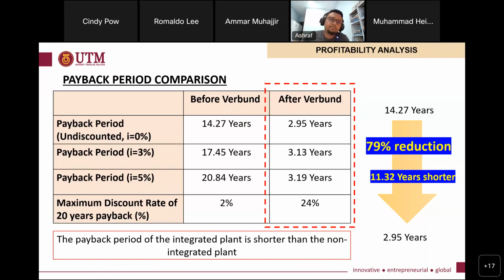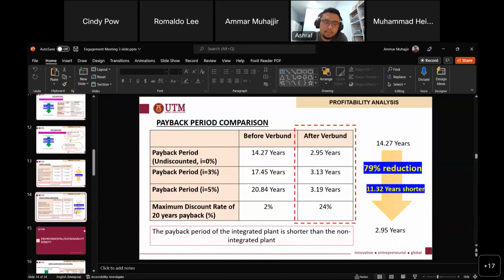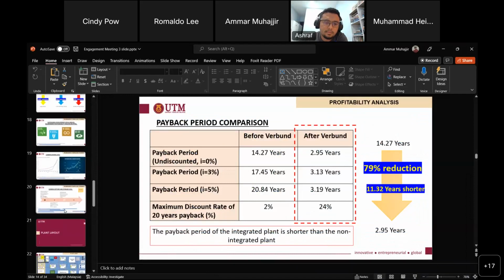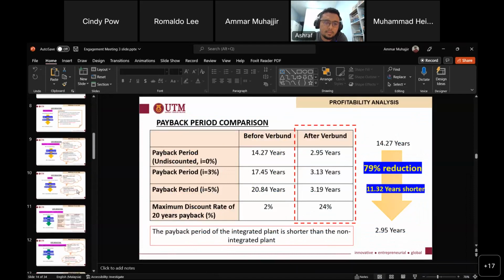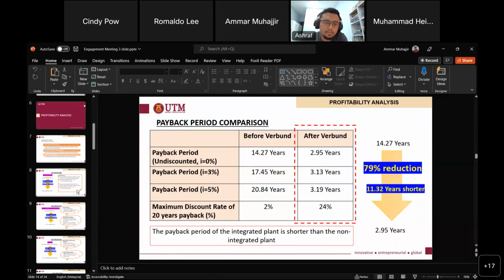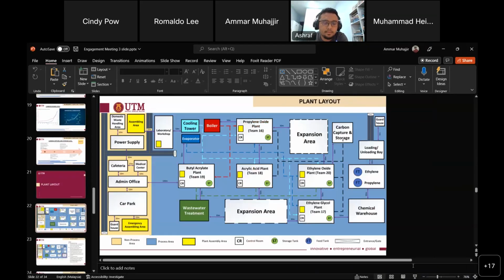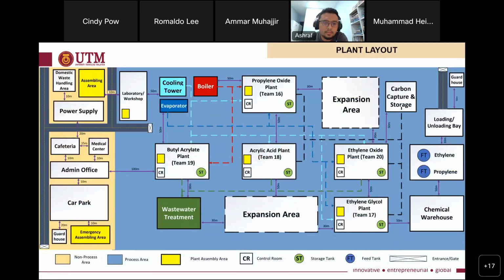Okay, I see. Anyone have any question? No, for me actually, for the plan layout, is the equipment inventory in the blue area?